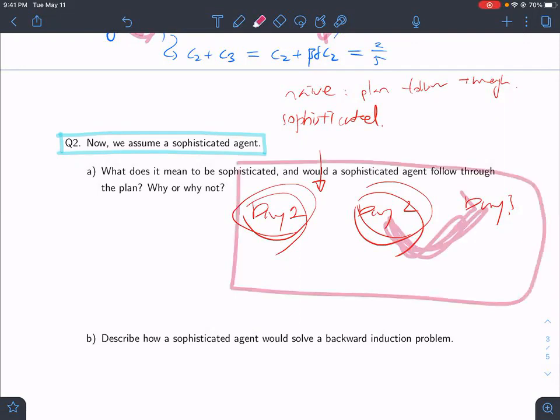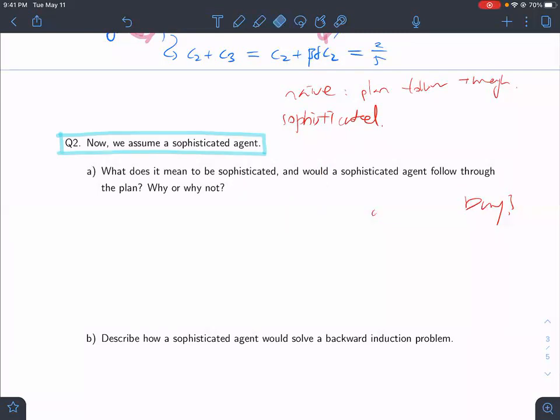So it's like solving the problem backwards. I start from the terminal date, the final date, and then move backward. So this is called backward induction. So think about how greedy day 2 guy will behave. Then I make my plan based on how day 2 guy will behave. Okay. So let us solve this using backward induction.